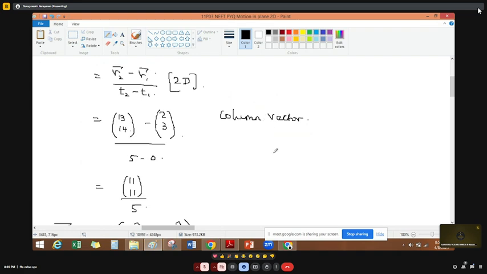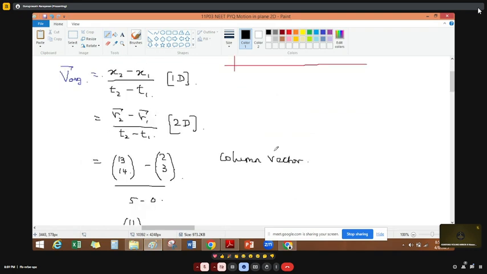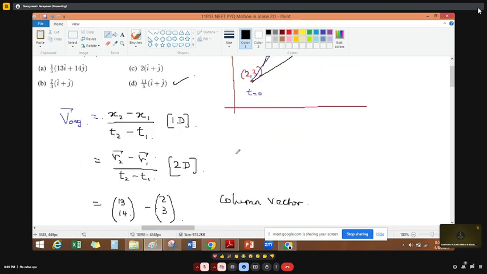Or can we just do the normal distance formula for points in the Cartesian plane? Yeah, if you are comfortable with that, you can do it. The only thing is you will be writing ijk again and again, right? So maybe you are saying something like 13i plus 14j, that is your first point, minus 2i plus 3j, sir.